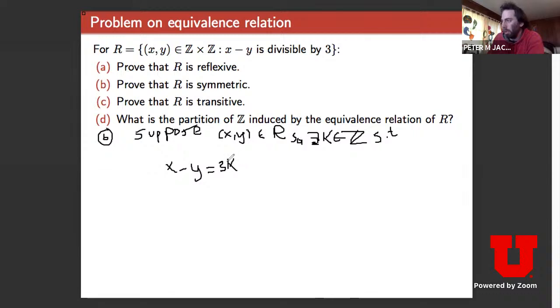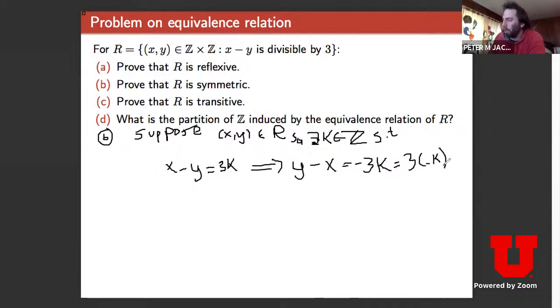All right. And what we want to show is that yx is in R. So we want to show that y minus x is divisible by 3. Well, y minus x is related to x minus y in that I just take the negative on both sides. So y minus x is equal to negative 3 times k, which we can rewrite as 3 times negative k.